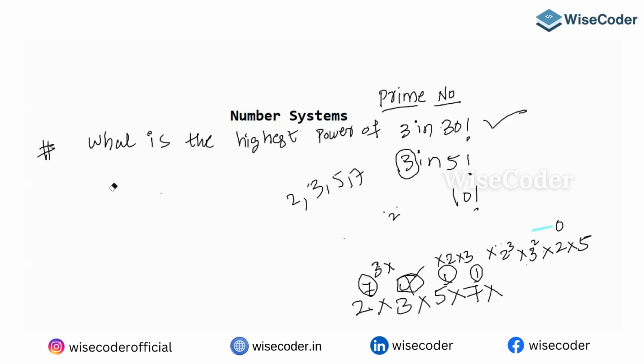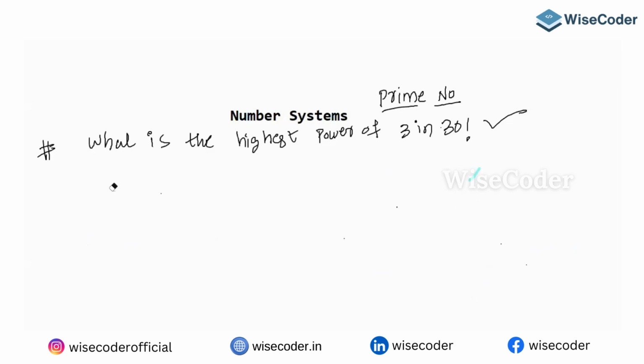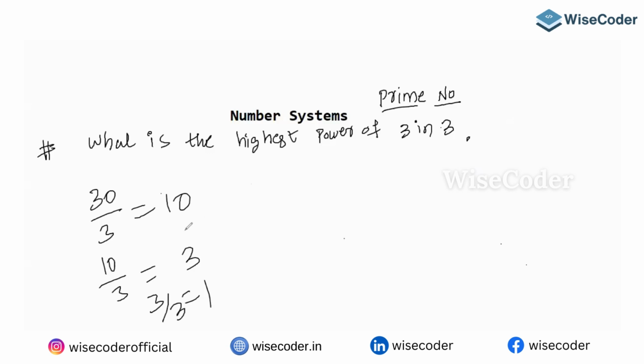First you have to divide 30 with 3. 30 divided by 3, how many times? 10 times. Again, 10 divided with 3, how many times? 3 times. 3 divided with 3, how many times? 1 time. So the highest power of 3 is 14.